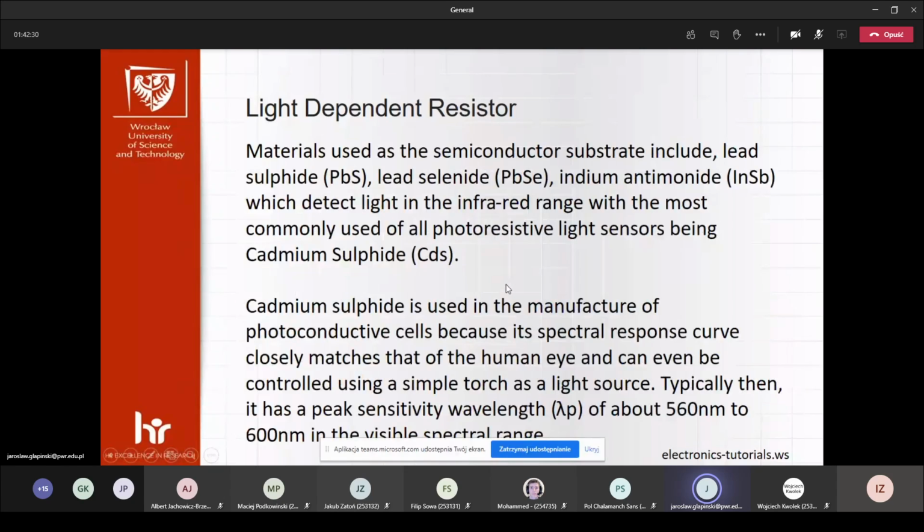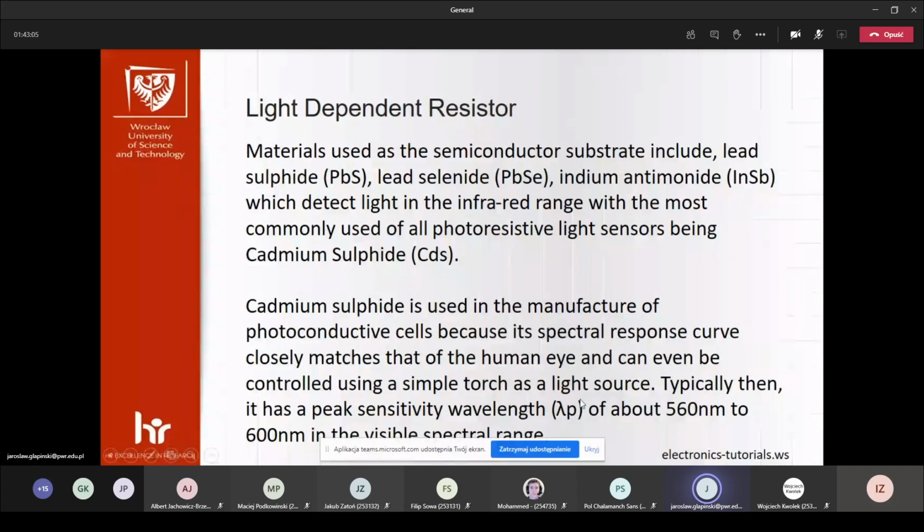These elements are usually made with lead sulfide, lead selenide, or antimony. These substances change their resistive properties due to the amount of energy.